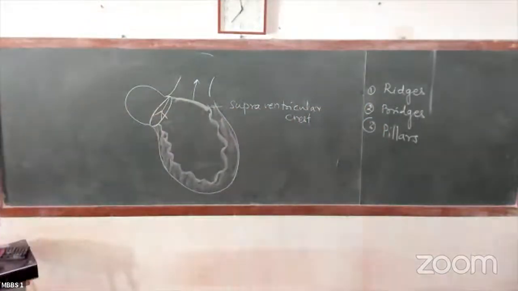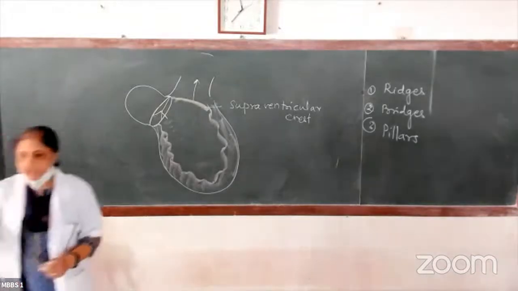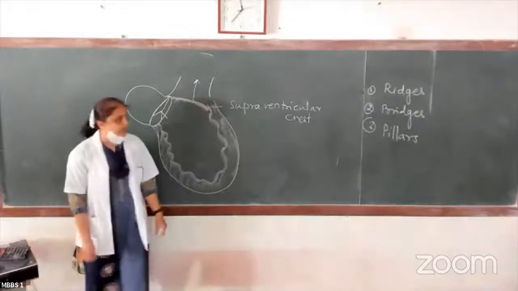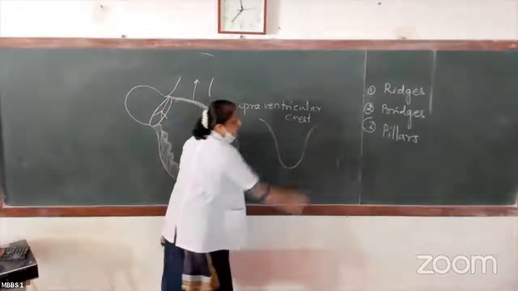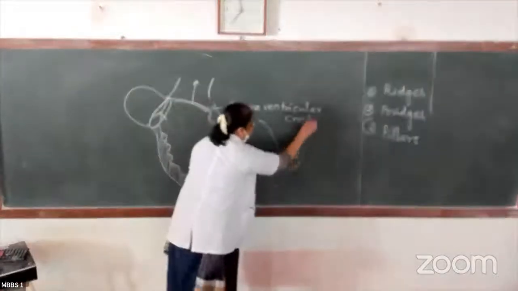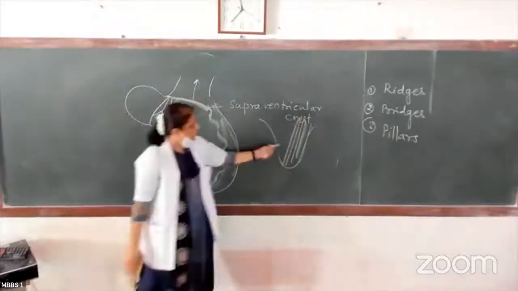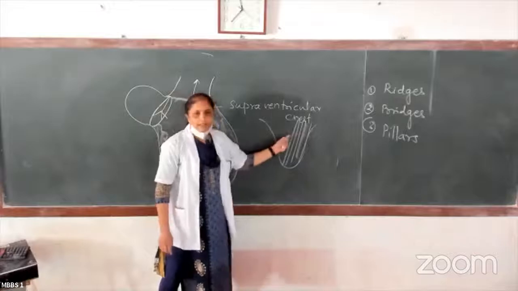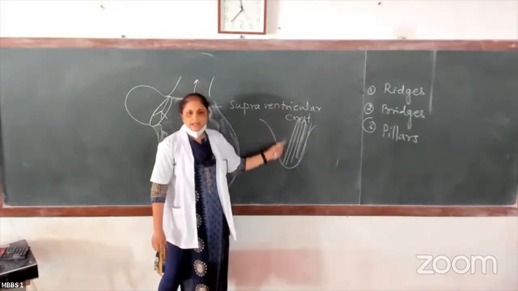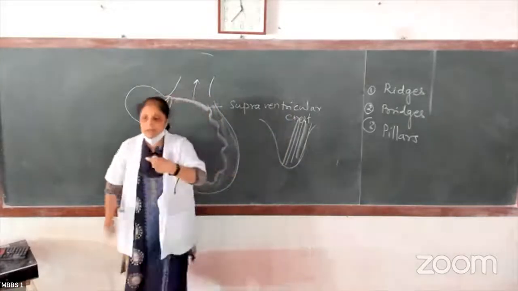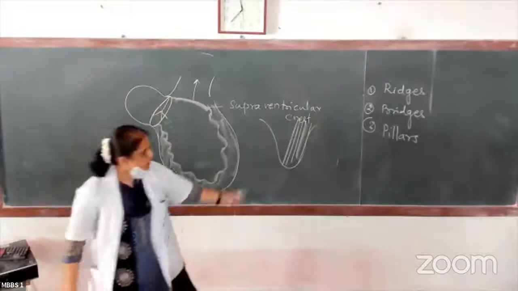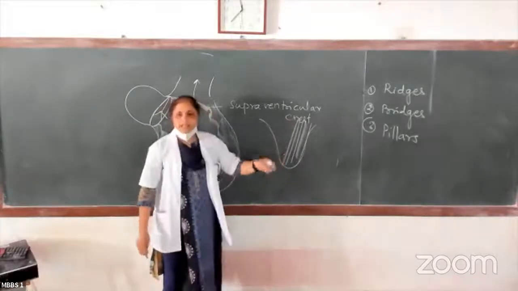The ridges are muscular, linear elevations produced on the wall of the myocardium, present in a single line. It is not like one end is attached and the intermediate area is away from the myocardium; the elevation is produced throughout as a ridge.